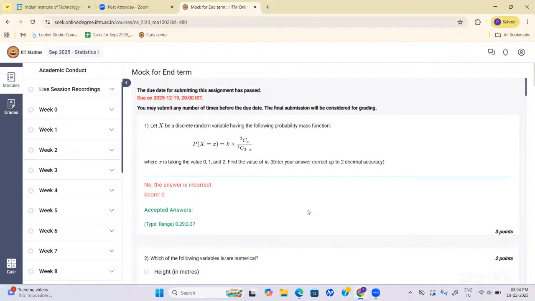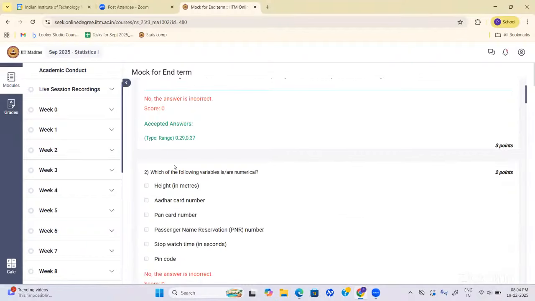Okay, then the second question. Which of the following variables are numerical? Height, Aadhaar card number, PAN card number, passenger name reservation (PNR) number, stopwatch time in seconds, and PIN code. So which are the numerical variables, and which are categorical?